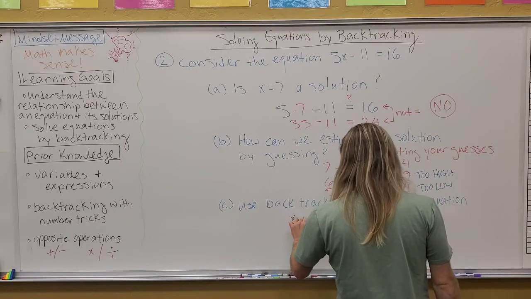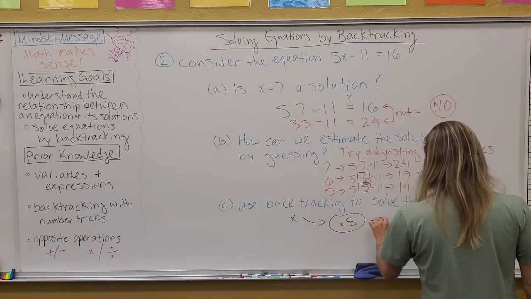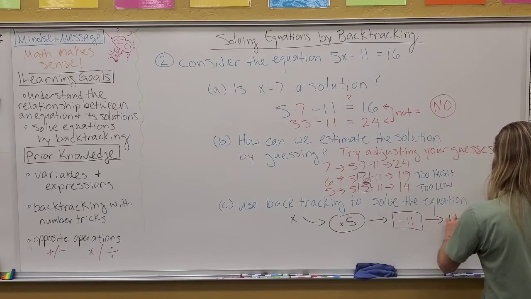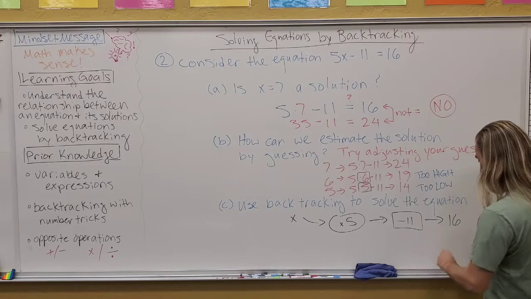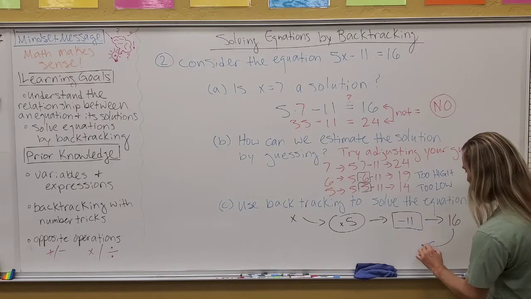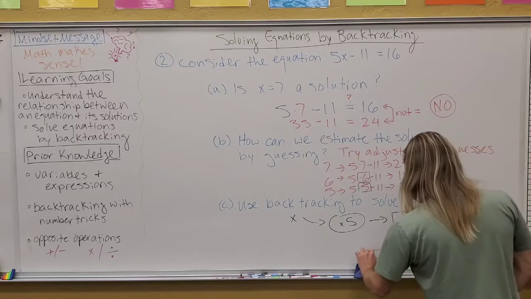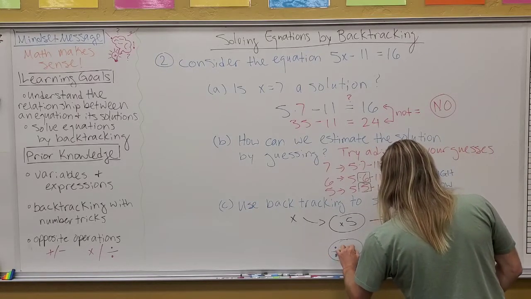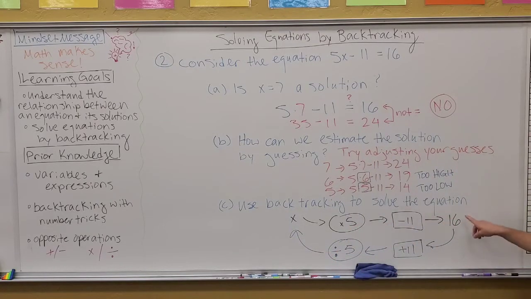So what we're saying is x goes through this machine, and we multiply by 5, and then we minus 11, and out came 16. How do I go backwards through this machine, right? I'm going to take this 16, and I'm going to undo this one, which is going to be plus 11, and then undo this one, which is going to divide by 5, and then I'm going to get out what I started with.